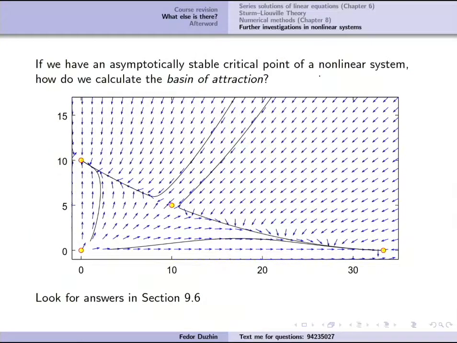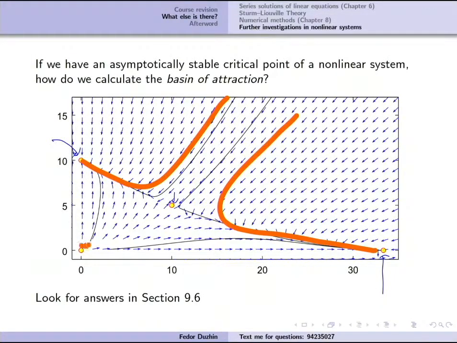So first is basin of attraction. Like here, you see that we have this unstable critical point, and we have this stable critical point. The question is, where does my solution have to start in order to eventually end up here? And where does it have to start to eventually end up here?